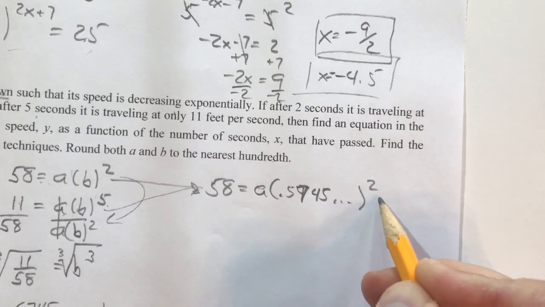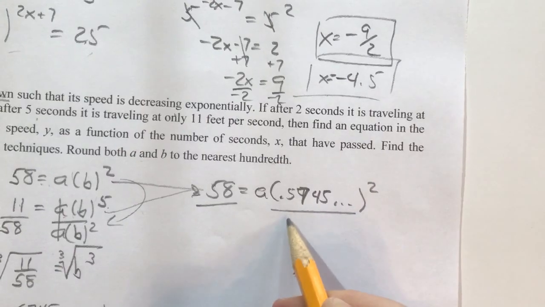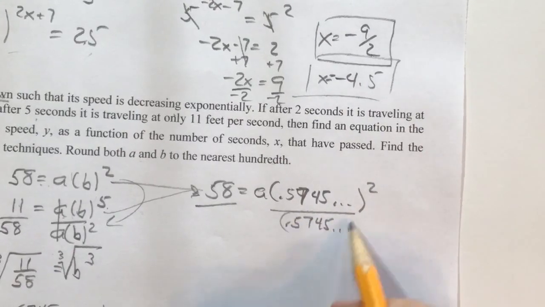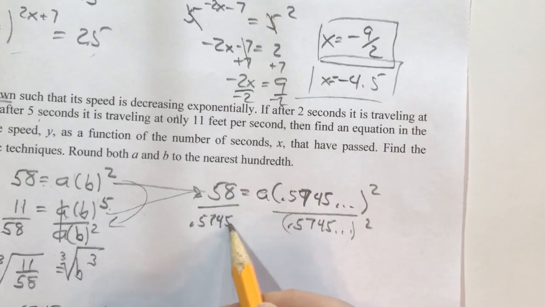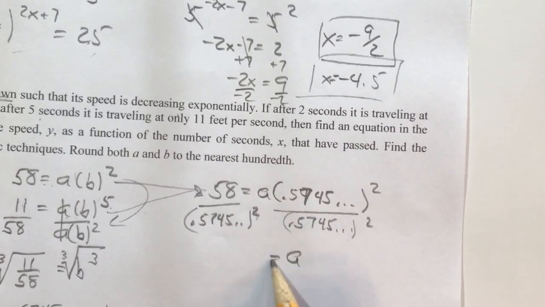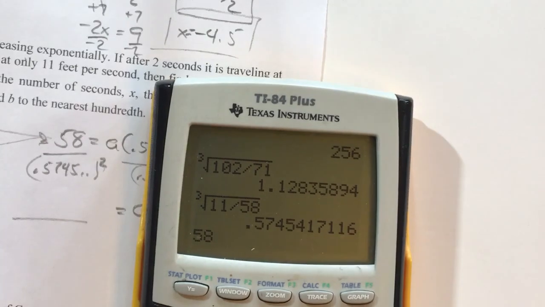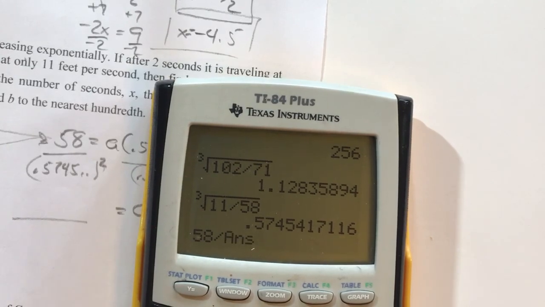Raised to the 2nd power. All right. And I'm going to divide by whatever's in my calculator and square it. Okay, and that'll get A by itself. So take 58 divided by the previous answer, and I want to square it.